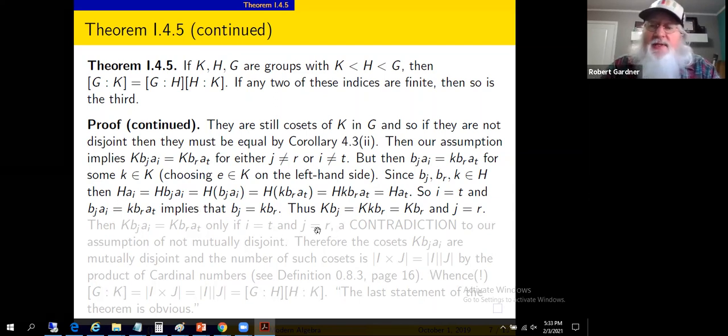These cosets are the same. This coset contains A sub I: take the identity in H, it produces an A sub I. This one contains A sub T. Well, they have to be the same then. So for that reason, because of the way we chose the A sub I's, a unique A sub I from each right coset, we draw the conclusion I equals T.